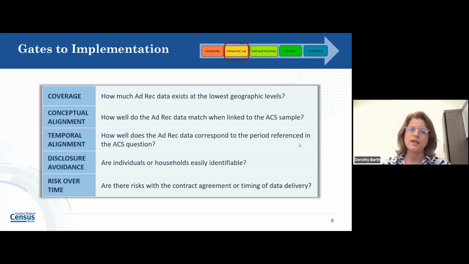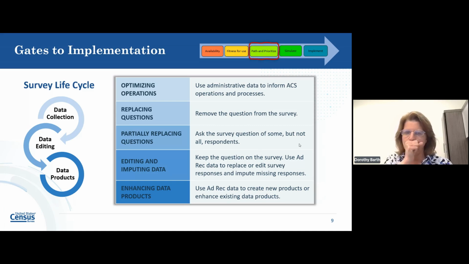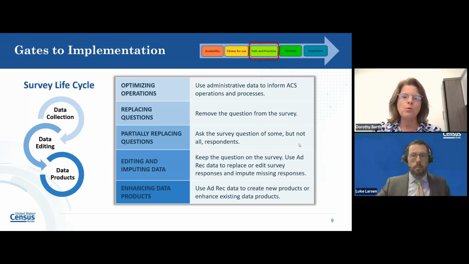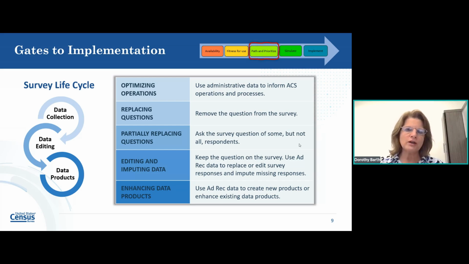Once we've passed this gate and we've decided, okay, this admin rec data that's available is fit for use, then we have to decide what is our path? How are we going to use it, and how are we going to prioritize that usage? So far, the 5 categories that you see here are the uses that we've thought of.